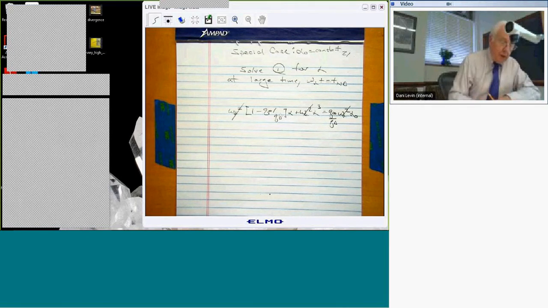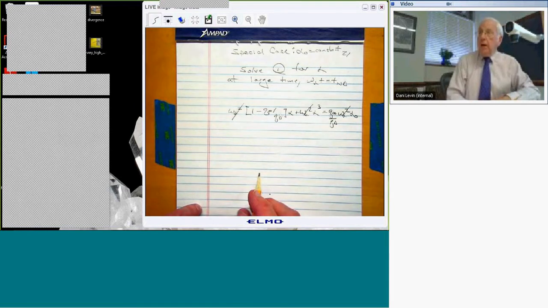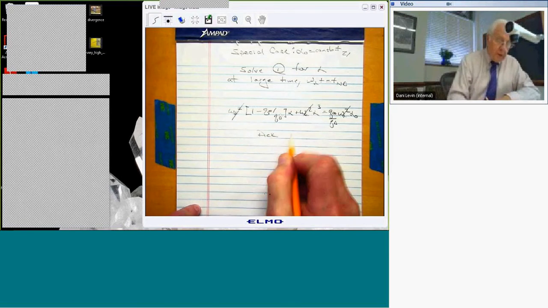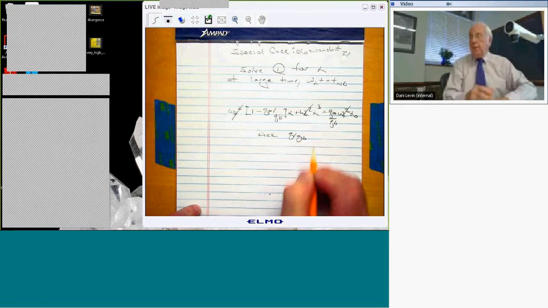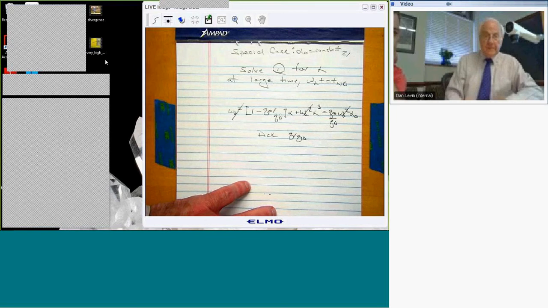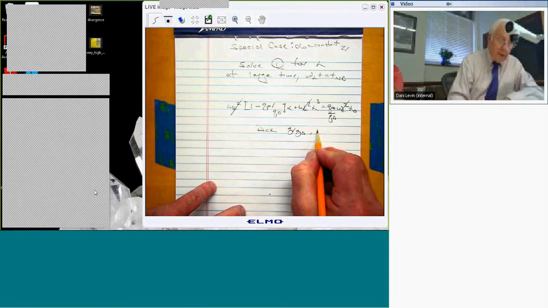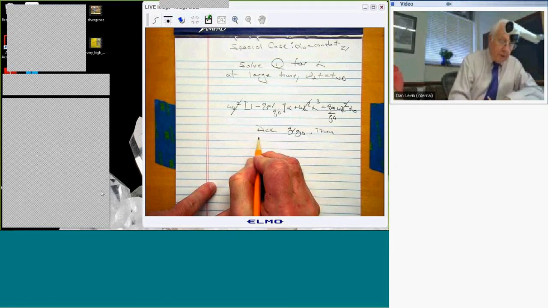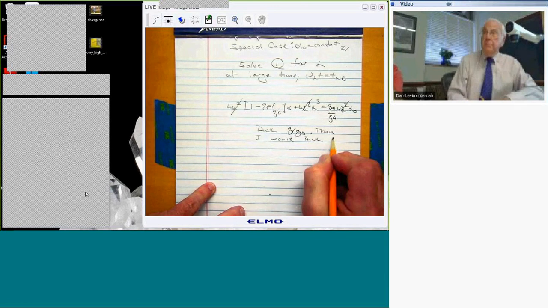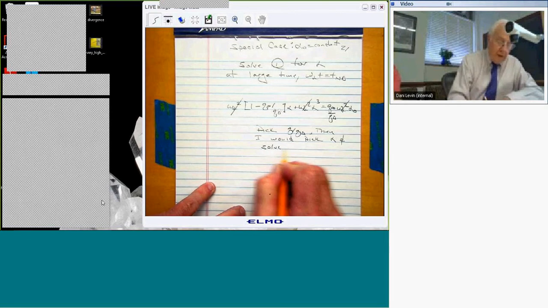So, how would I solve this equation? Well, I'll tell you how I would solve it. I would pick Q over Q sub D, and I'd probably start out with Q over Q sub D equals 0, since that's pretty easy, right? Then I would pick alpha and solve for alpha naught.